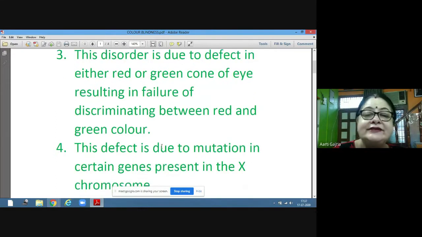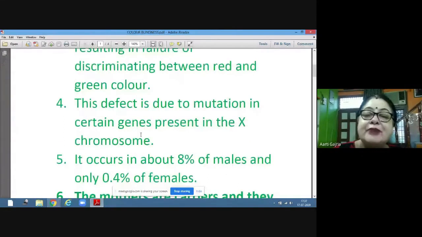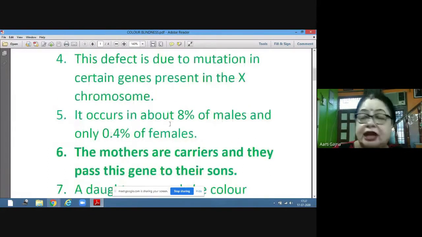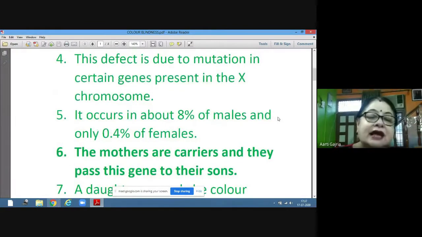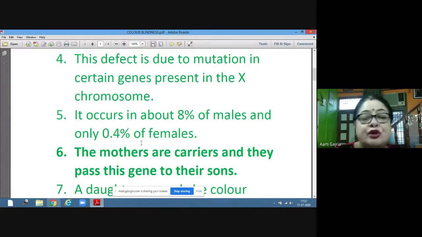This defect is due to mutation in certain genes present on the X chromosome. And this disorder occurs in about 8% of males and only 0.4% of females. The reason is obvious, because it is present on the X chromosome and it is a recessive trait.